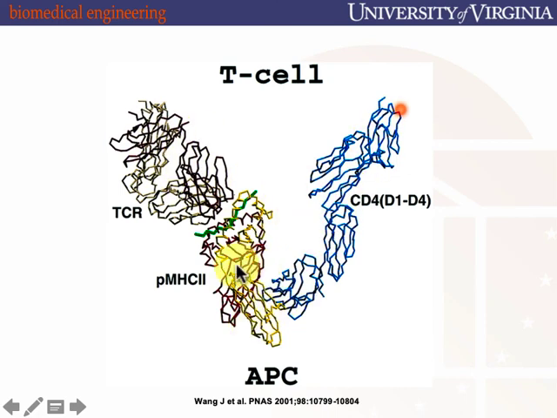It's going to come down and bind this lower domain on the MHC2 protein, right, to help stabilize that interaction. So MHC2 can't diffuse laterally in the plasma membrane of the antigen-presenting cell, nor can it come apart, right? So it's just to stabilize that interaction.